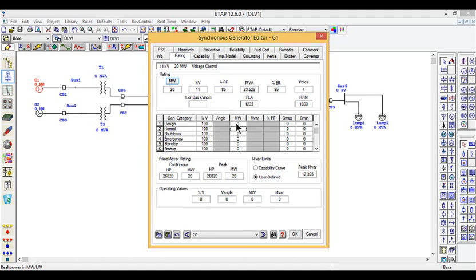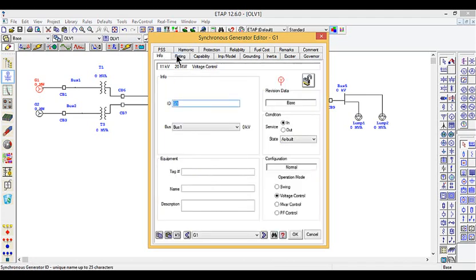So we specify that its design is 20 megawatts, and under normal condition it can also supply 20 megawatts.